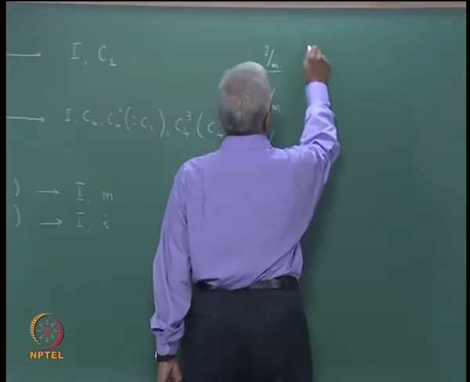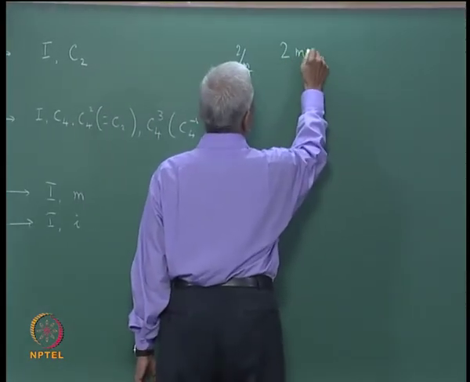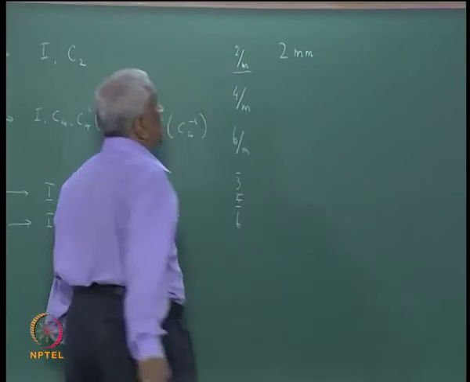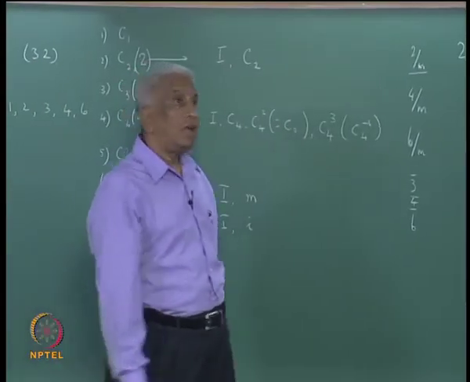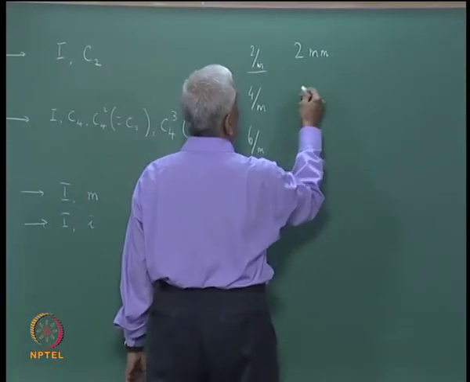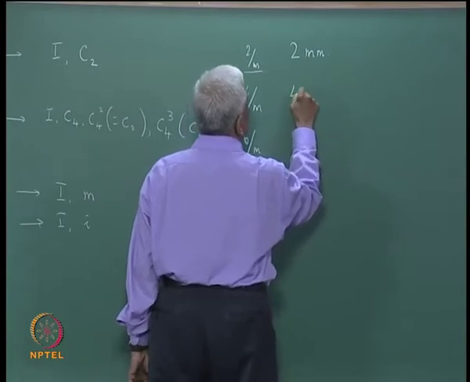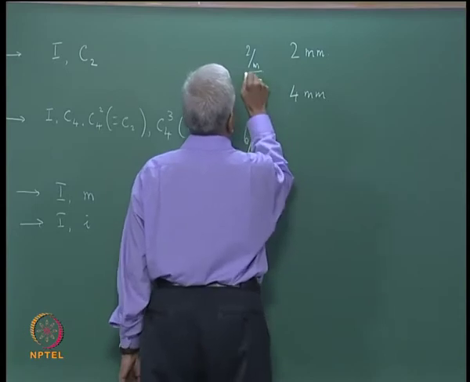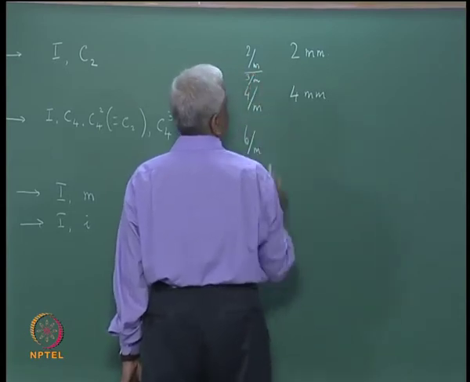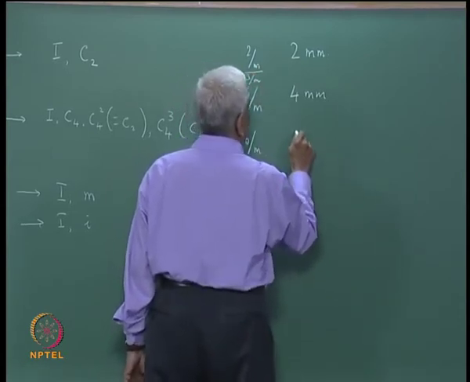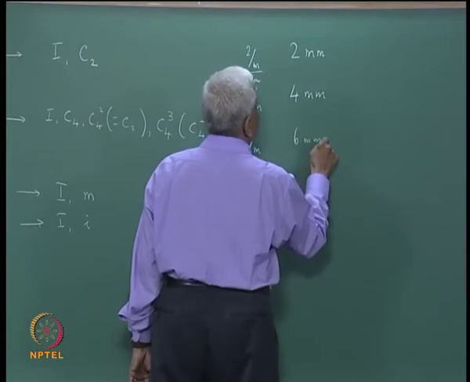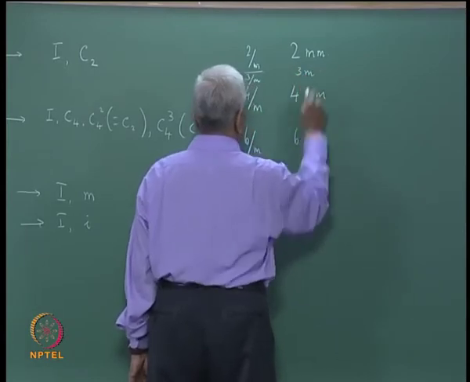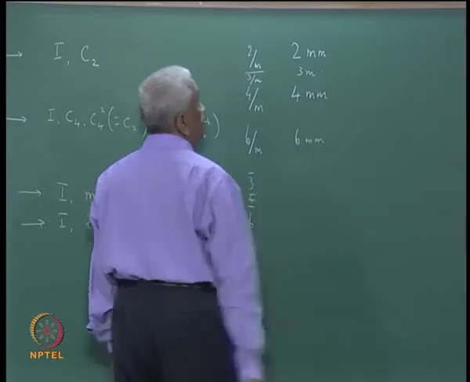We can also add mirrors parallel to the rotation axis, and that would lead to point groups which are new, such as 6 mm, 3 m and so on.